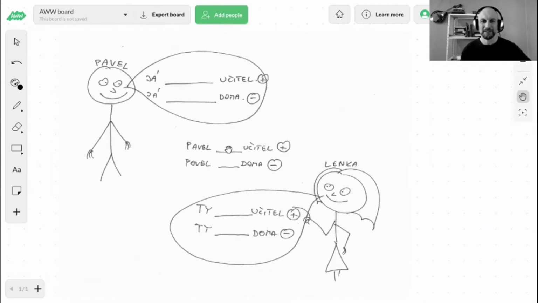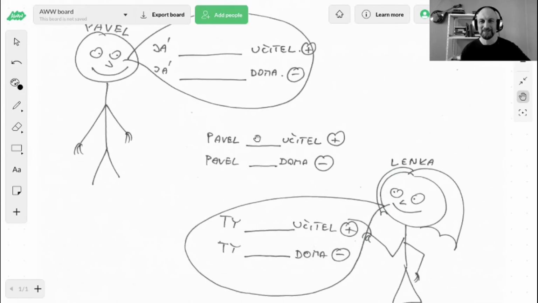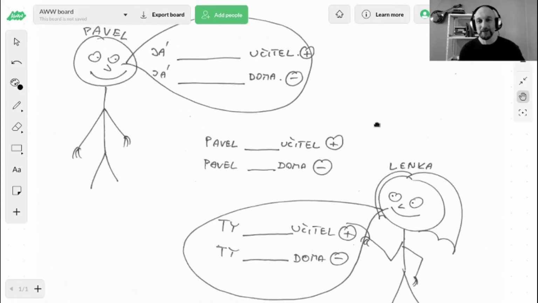Alright, so now let's practice the grammar a little bit and let's have a look at some pictures. In the first picture we have Pavel and Lenka having a little conversation here, and this is the verb to be in present. So let's start with Pavel. What is he saying? And as I said, it's in present. And the first sentence that he's saying is positive. So what would you say?